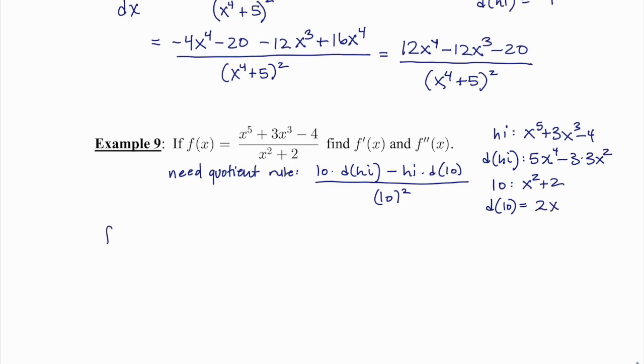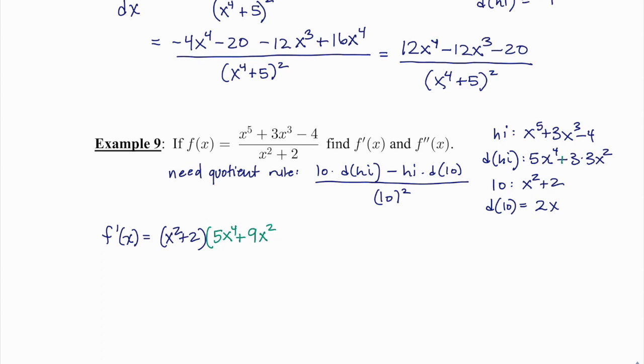So putting those pieces together, we'll have f prime of x is low, which we had as x squared plus 2, d high, that's 5x to the fourth. I have a sign error there, that should be plus 9x squared.